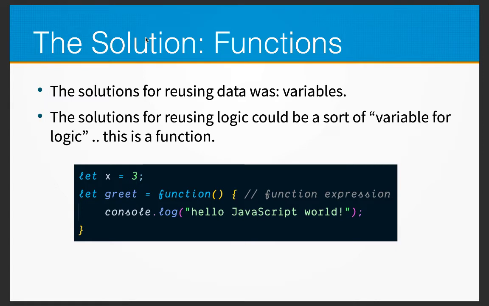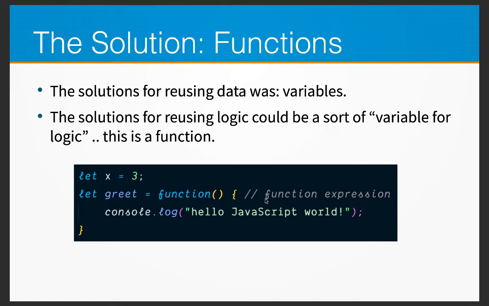And so it's called a function expression. So this variable will actually point to a function. And the syntax, as you see, is quite simple. You have the keyword function followed by parentheses and then a code block. We are already familiar with code blocks because this is the same concept that we met with conditionals and for loops.